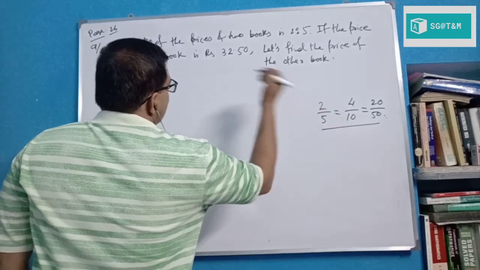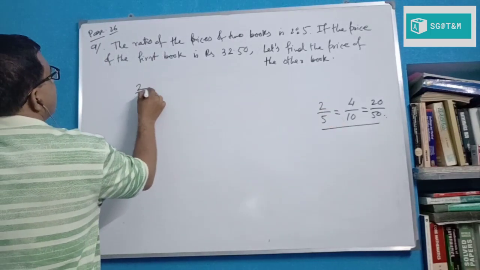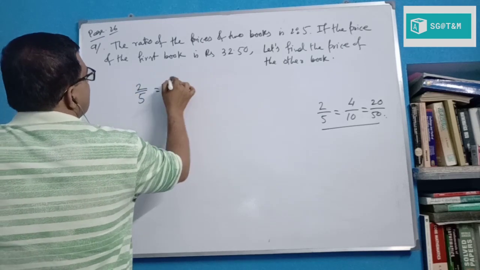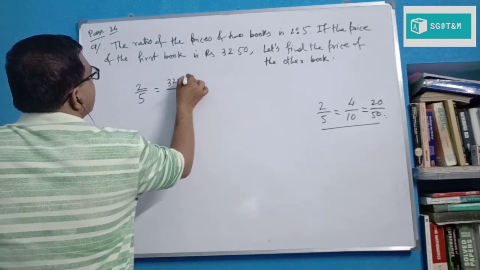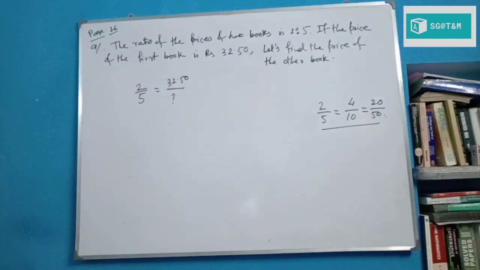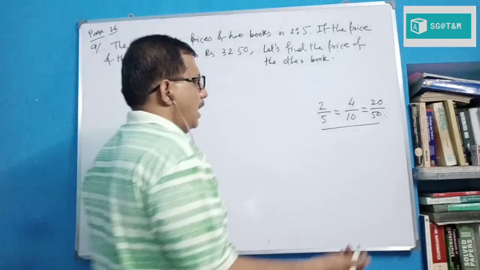If we use it this way, that means 2/5 is equal to 32.50 over how much we have to find out. And then we get the exact value. That means we have to find out this multiplier.